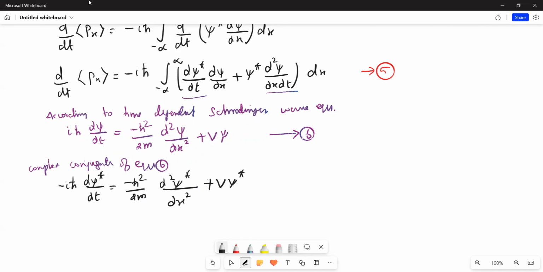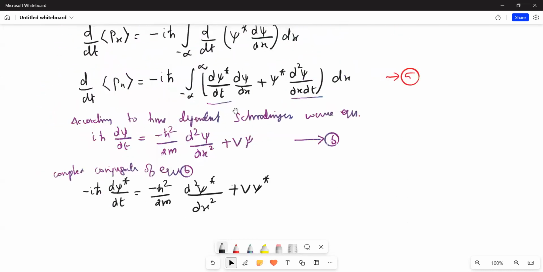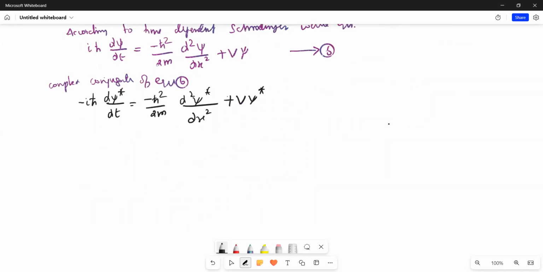Right. Okay. So now, we can get the value of dou psi star by dou t from this. So please simplify this one further. If you make this small mathematical simplification here, what you will get?